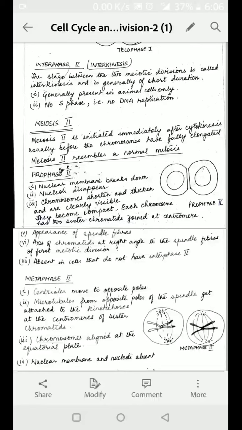Interkinesis is the stage between the 2 meiotic divisions and is generally of very short duration. It is different from interphase 1 because here no S phase or replication of DNA occurs, and it is generally present in animal cells only.